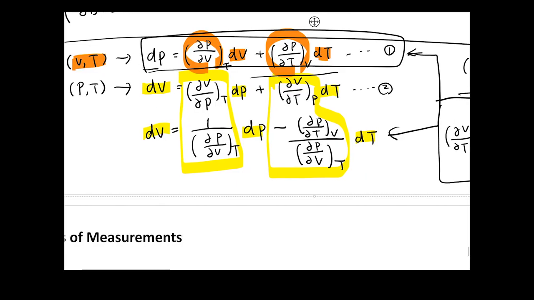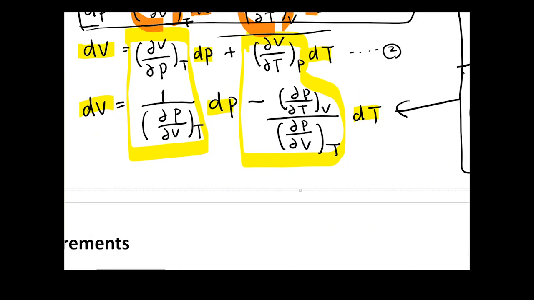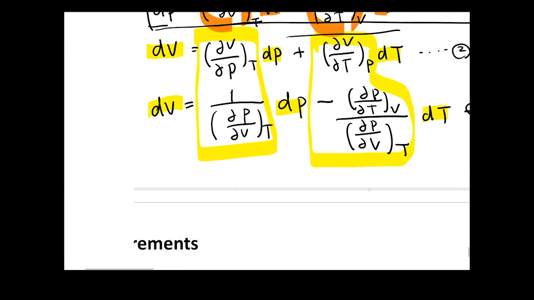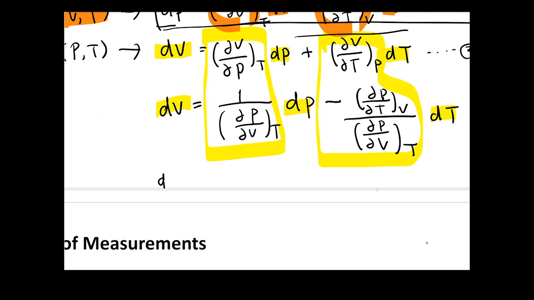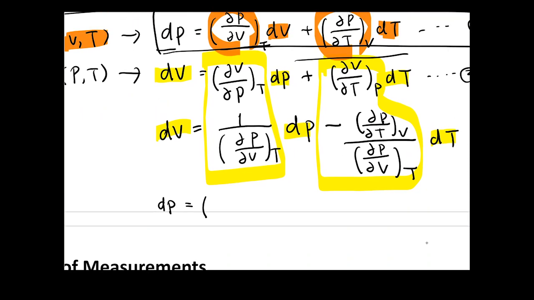So from the first equation, let me rewrite the first equation. We know that dP can be written as partial P partial V at constant T times dV plus partial P partial T at constant V dT. So what I'm going to do now is divide by dV on both sides.